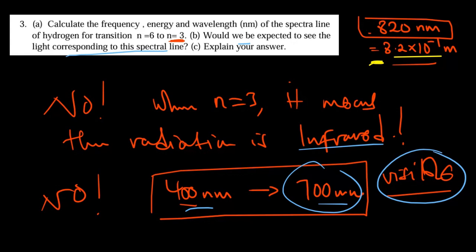Okay, and then we can look at the last question, which is question 4. So question 4, they're saying calculate the energy and wavelength of light emitted for the electronic transition from infinity to Lyman series. So we said the Lyman series, the n is always 1. So you see that you have to know the series, right?